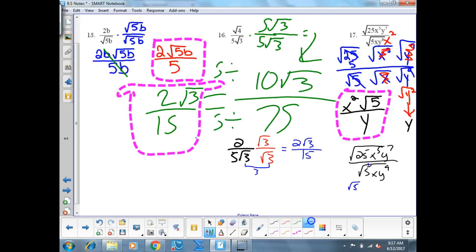Now, if I'm looking at x's, there's 4 more x's on top, so it's the square root of x to the 4th. If I'm looking at y's, there's 2 more y's on the bottom, so that's why it's the square root of y squared, which then gets me to what we have. Okay? Questions on those 3?